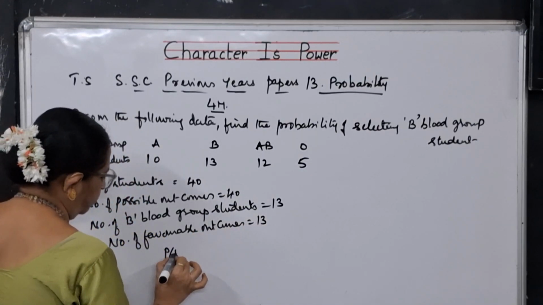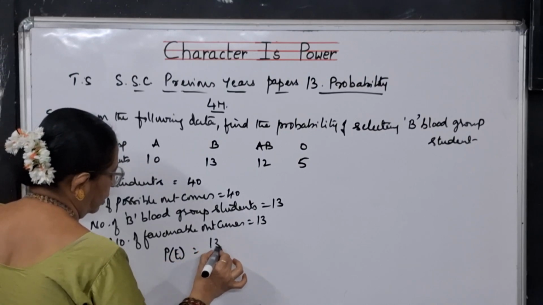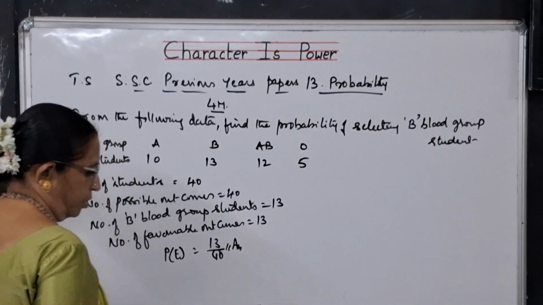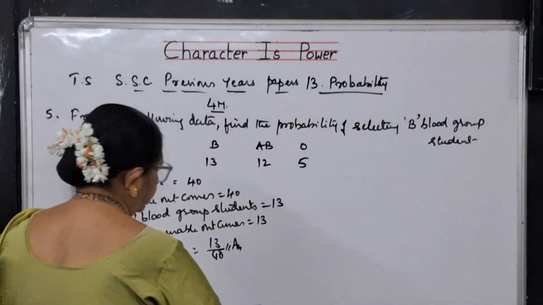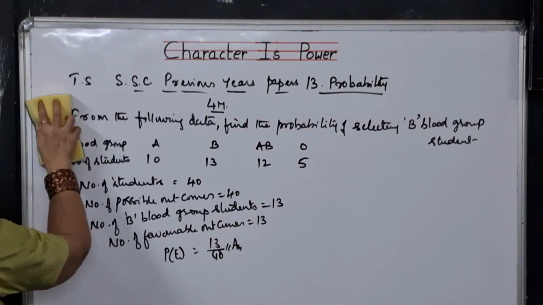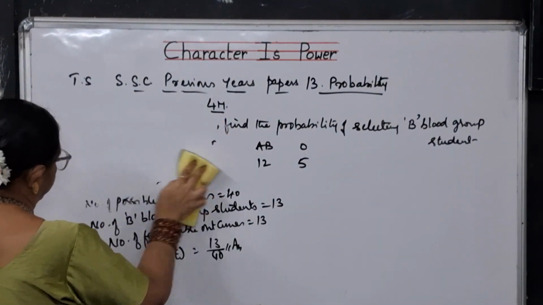So, what is P of E? 13 by 40. This is the answer, children. Next, the sixth sum.